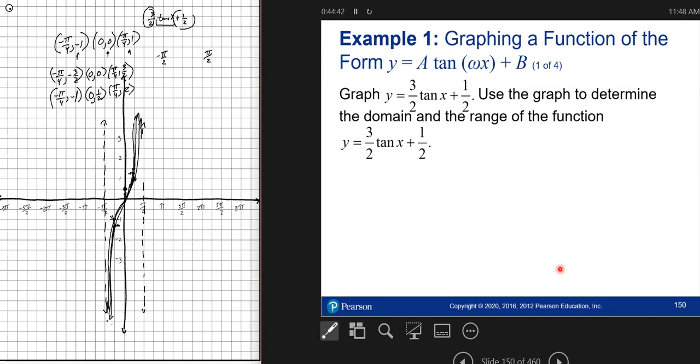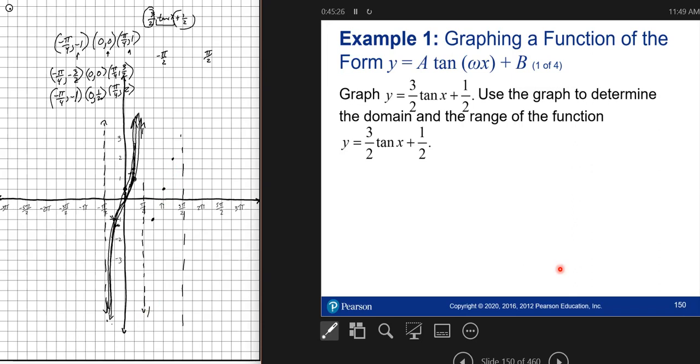Yeah, this is kind of messy. And for this particular one, yeah, and then it continues over here. At this, it's going to be at 1, and then here it's going to be at 1/2. Oh, sorry, it's supposed to go through there. And then here it's going to be at 2.